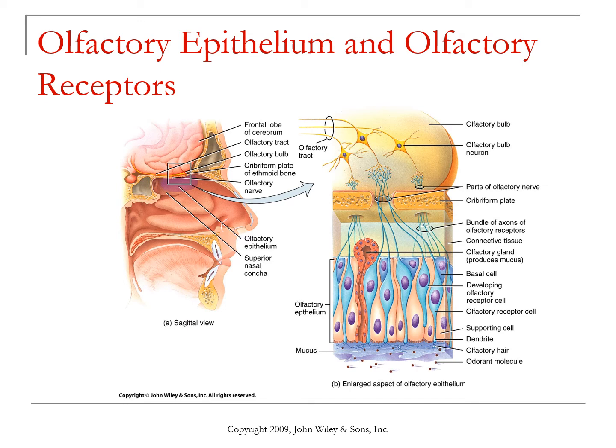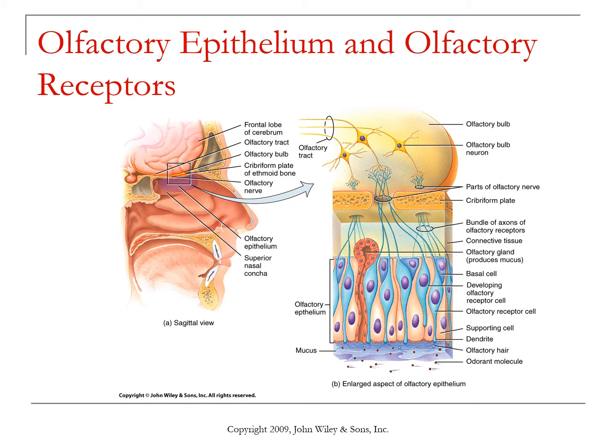The binding of an odorant chemical to the olfactory receptor cell hairs generates a potential that travels along the axons of those receptor cells, which are collectively bundled to form cranial nerve 1, the olfactory nerve.